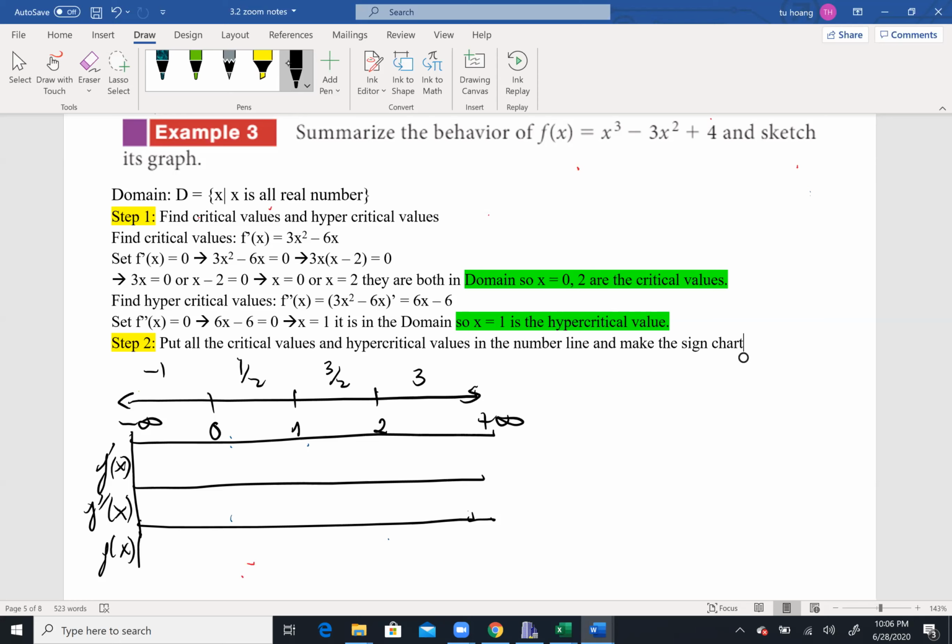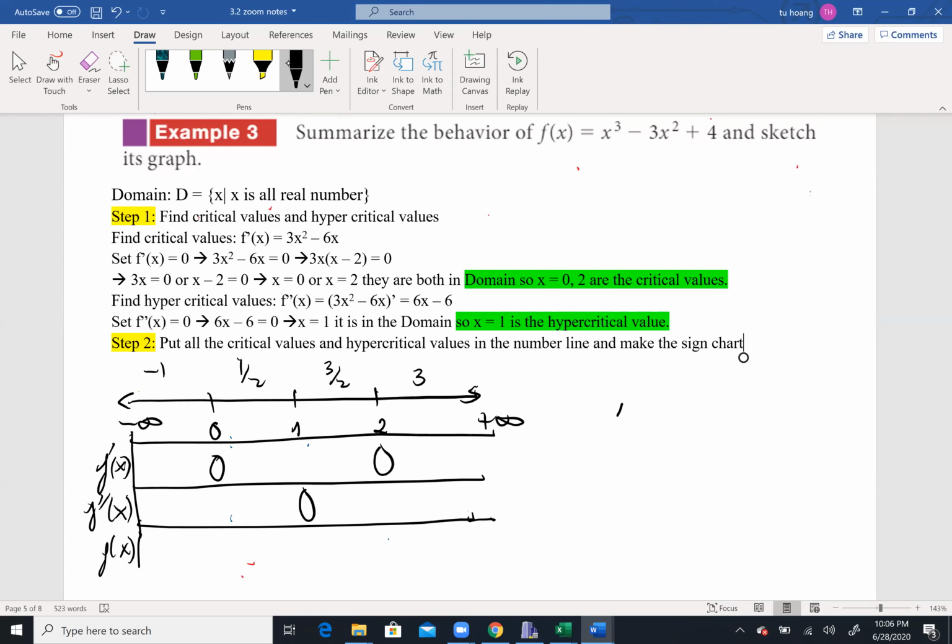Those make the first derivative of f equal to 0, so I just put 0 here. And x equal to 1 is the inflection value that makes the second derivative of f equal to 0, so put that. Okay, now let's go ahead and test each interval.